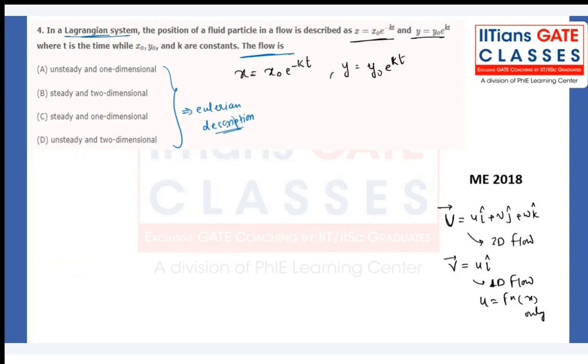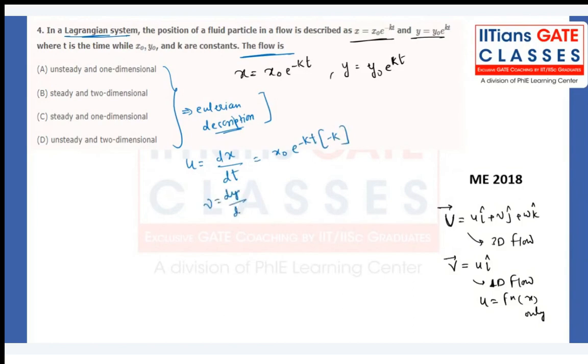So we know that velocity, because in Eulerian description we always tend to say velocity field, rather than saying the individual distance traveled by the fluid particle, we say velocity. So what is the x component of velocity? dx by dt. So when you differentiate, you will be getting what? Minus k.